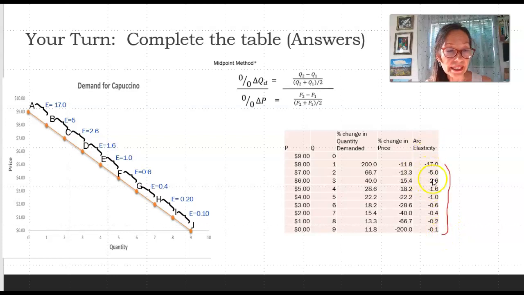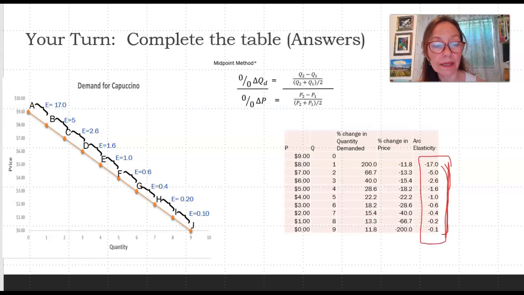We have a change in elasticities. It is not consistent. This is important because this is also telling us information about our product and how we are pricing on the demand curve. So these should have been the numbers that you got when you were doing your calculations for your elasticity.